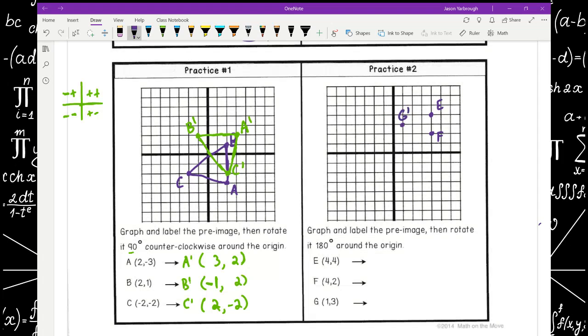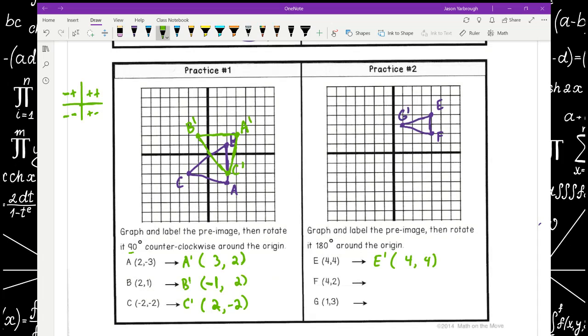And since it's 180 degrees, the order of these numbers stays the same. So this is still 4, 4. This one is still 4, 2.